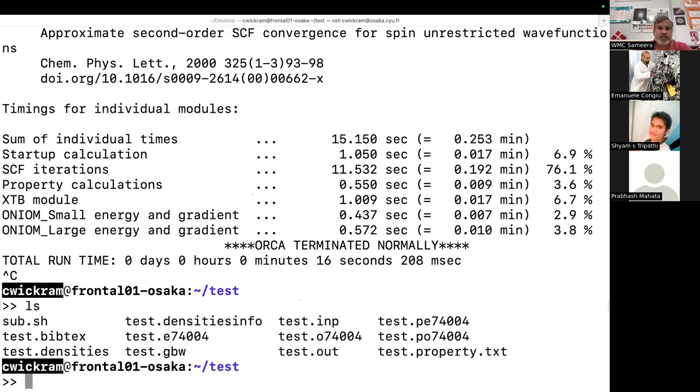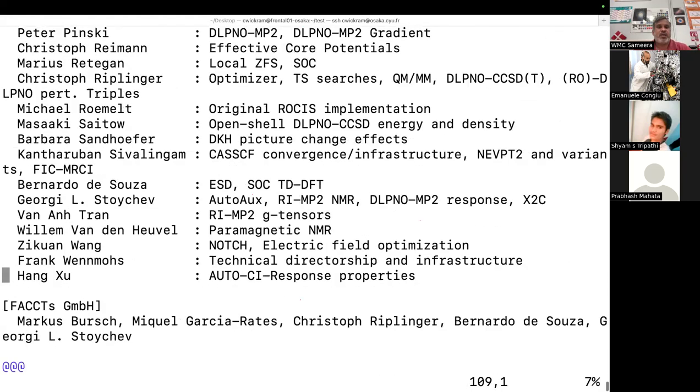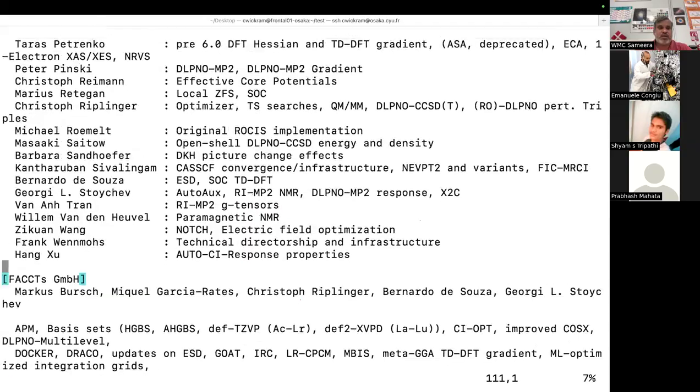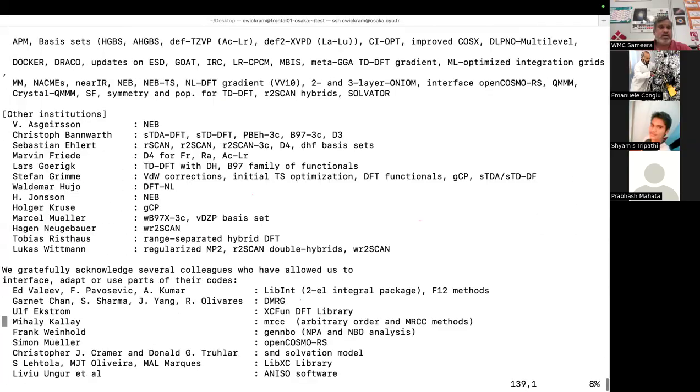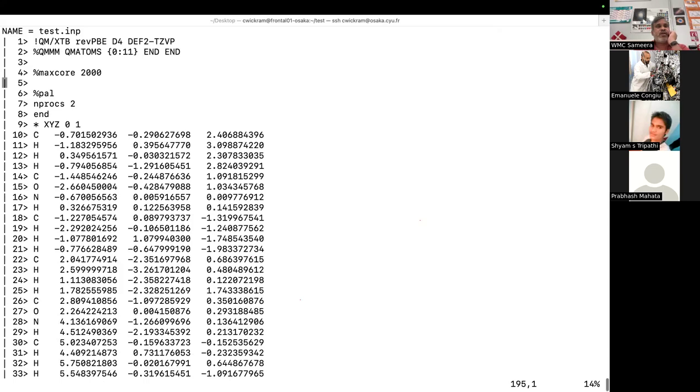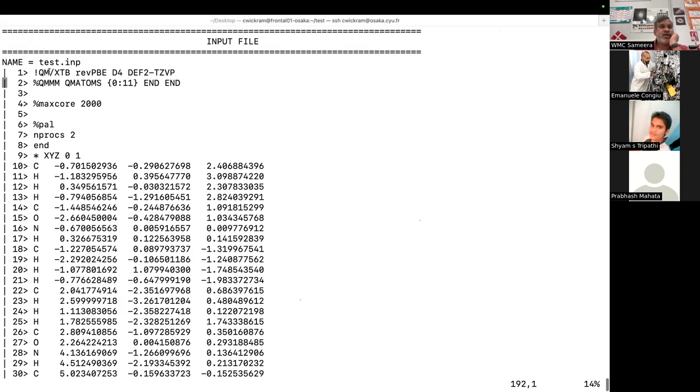So let's look at the output file. You can see we are running a hybrid quantum mechanics calculation.